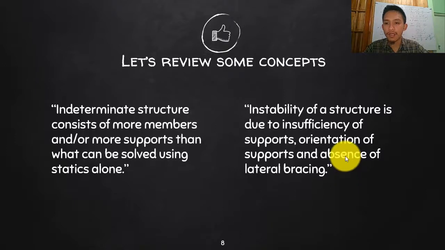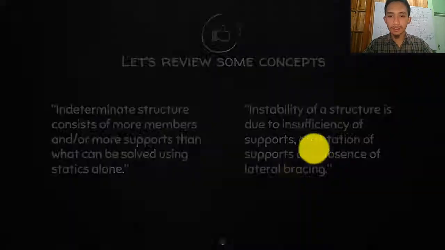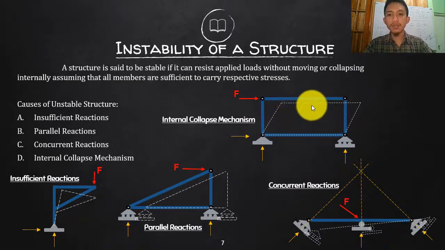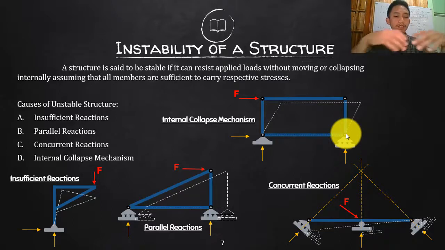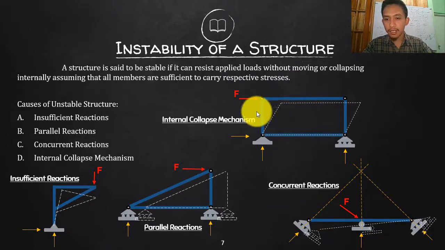And then of course, absence of lateral bracing, or the orientation of your members, so that it will not collapse. But of course, try to look here. If that is a truss, that will happen, since your truss is designed to have its joints as pins or hinges. Isn't it? With a hinge, there is no resistance to movement. But if this is actually a frame, a rigid body, then even if there is no bracing here, just like on buildings, isn't it?